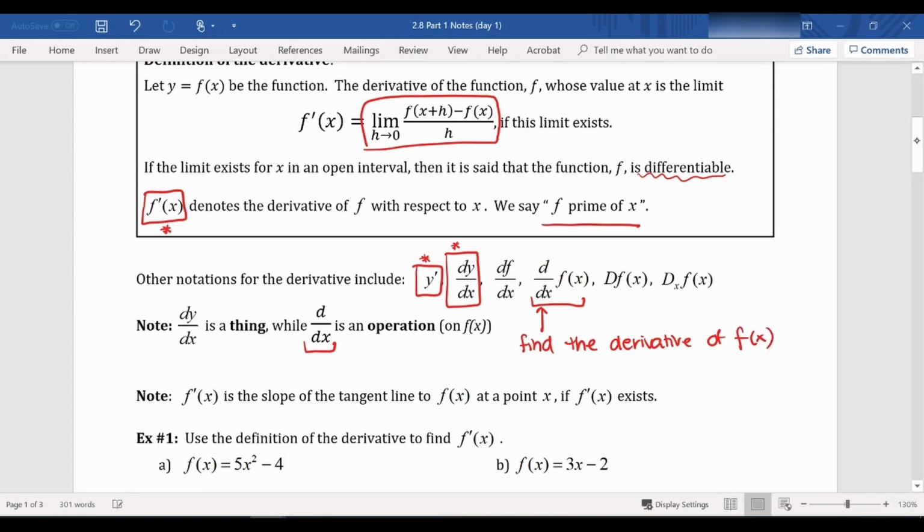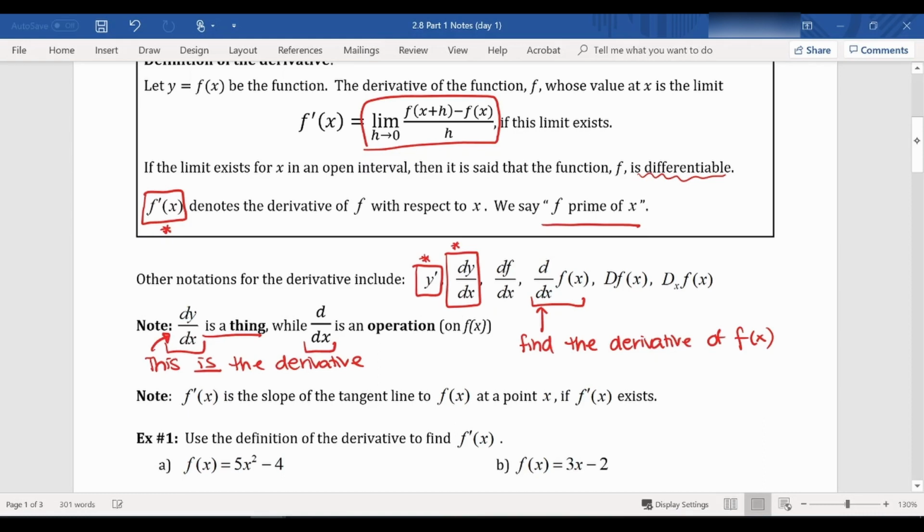If I have y prime, f prime, or dy dx, that means this is the derivative. So dy dx, y prime or f prime is our derivative. d dx tells me I need to find my derivative.